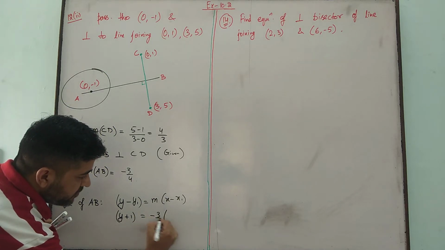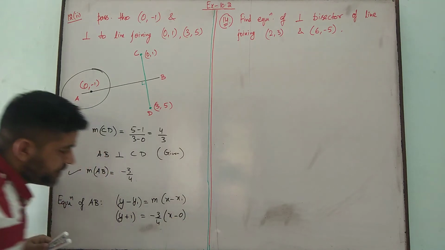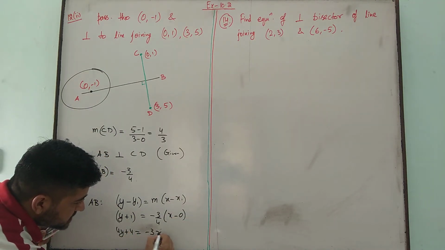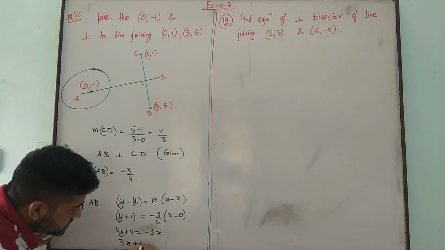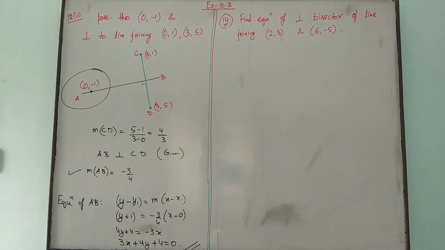So y plus 1 equals minus 3 by 4 times (x minus 0). So just 4y plus 4 is equal to minus 3x. We got 3x plus 4y plus 4 is equal to 0, which is your required equation.